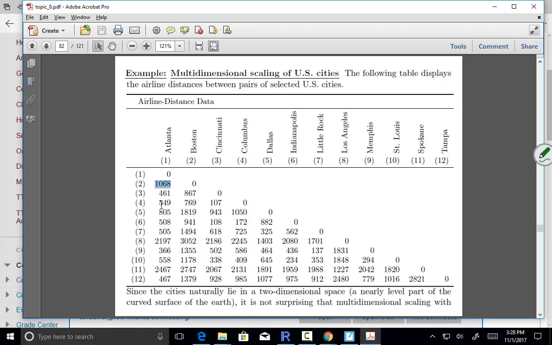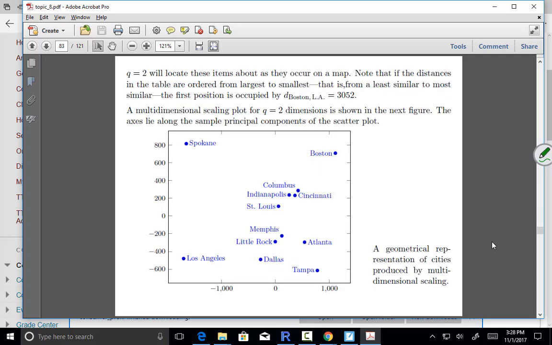Can we take distances on 12 locations and make a picture that essentially visualizes this information in a small dimensional representation, like a two-dimensional picture? So we get something like this. This is the result of doing multidimensional scaling on those distances from the previous slide. This is a two-dimensional representation, scatter plot, of those 12 variables, or 12 cities.